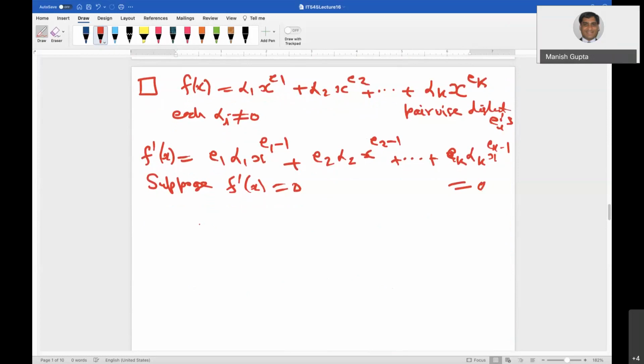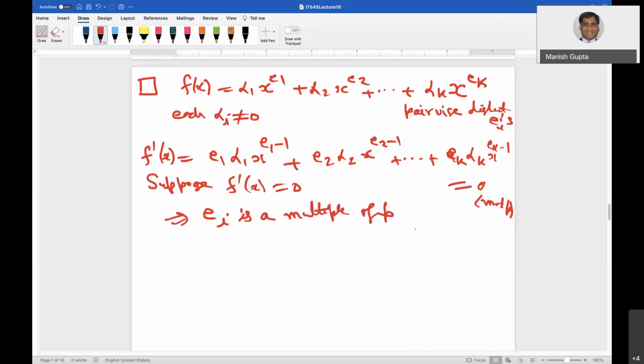This implies that, because alpha i is not equal to 0, each ei is a multiple of p, because it is all modulo p, characteristic is p. So each ei is a multiple of p, then only this will be 0.